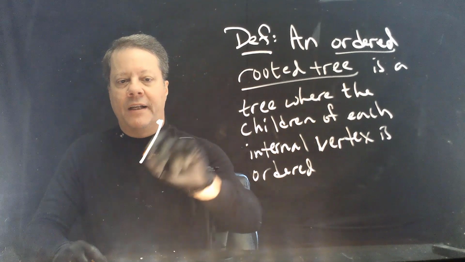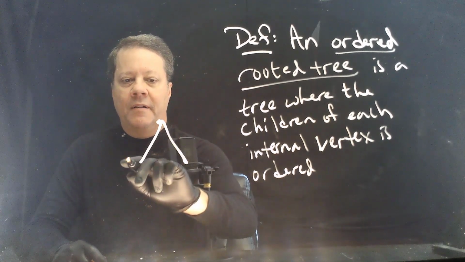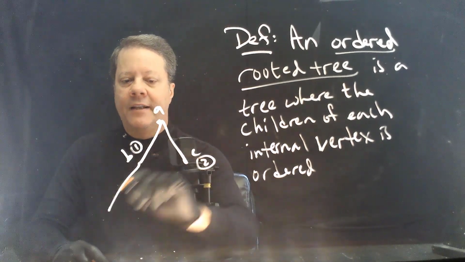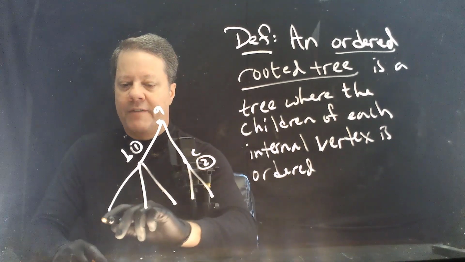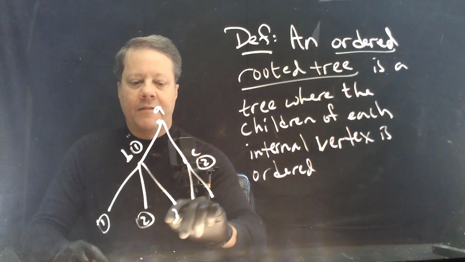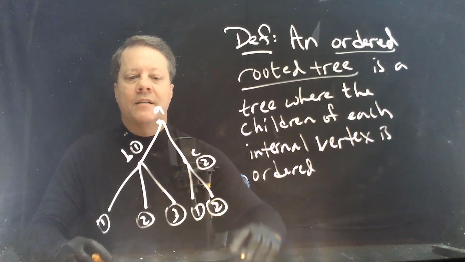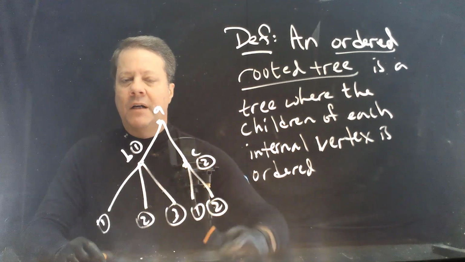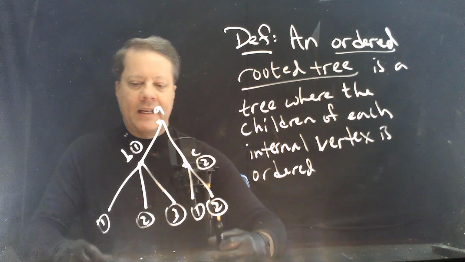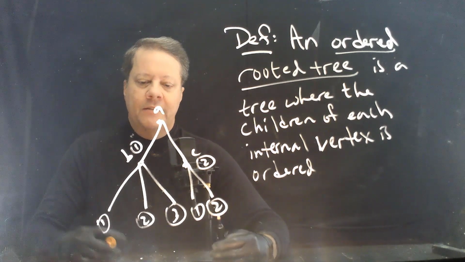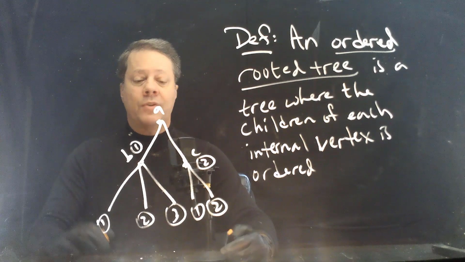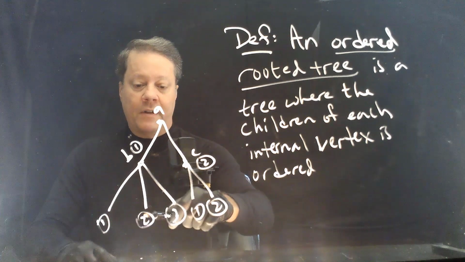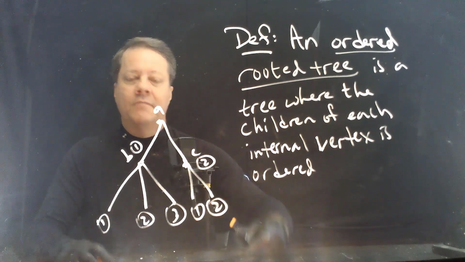Might start off here and have, if this is A, B, and C, this will be the first, this will be the second, and then let's suppose we have a first, second, and third, a first and a second over here. And so the children of these internal vertices will be ordered in some way, usually by assigning a numeral order to them, first, second, third. We'll also usually draw them in this order. First will be the leftmost, followed by the second, and then the third, and so on.